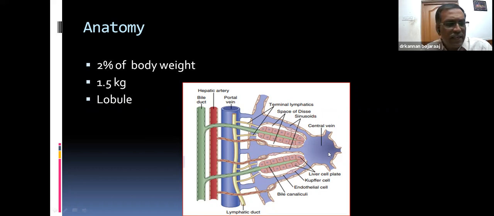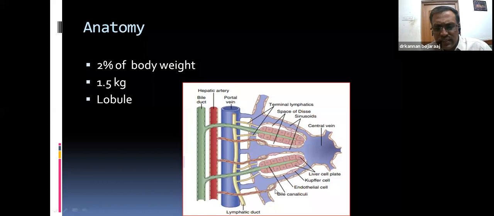From the central vein, there are two plates of liver cells that radiate out, and between the adjacent plates of liver cells, there is a biliary canaliculus. See this biliary canaliculus. It supplies bile into the bile duct.